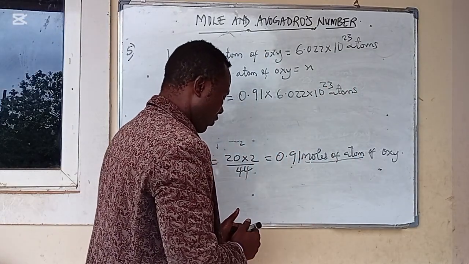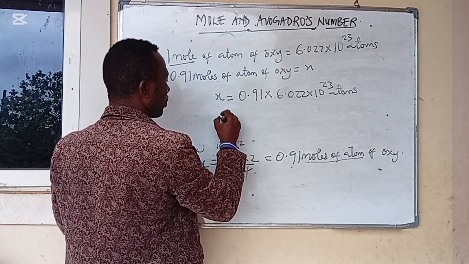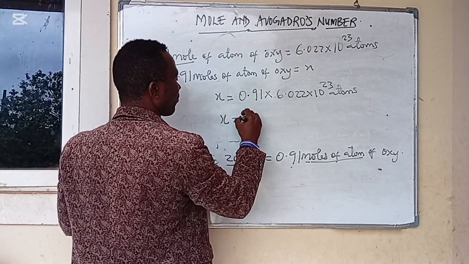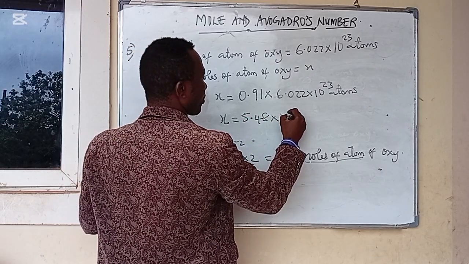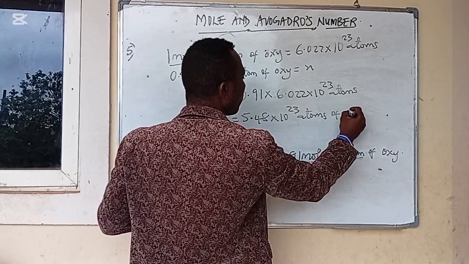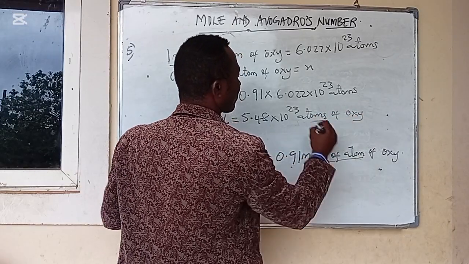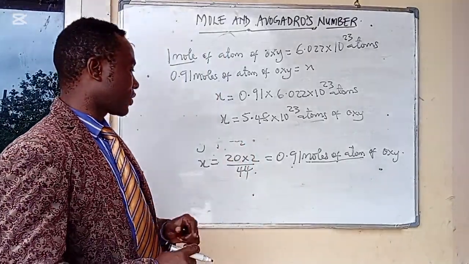If we hit our calculator, x will be equal to 5.48 times 10 raised to power 23 atoms of oxygen. So we have converted from moles of atom to ordinary atoms, and that is the answer.